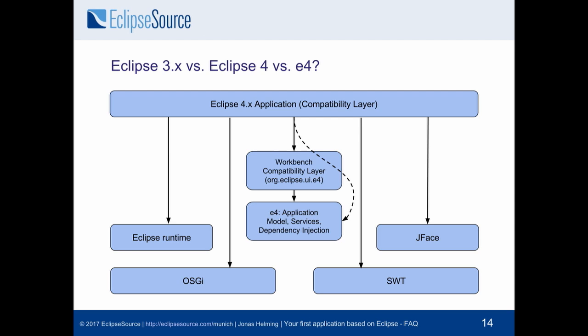And this layer provides the old API. What it actually does is, if you have an existing application which has used the 3.x API before, you can use this layer, and this layer will transfer all calls to the new API. That basically means you don't have to change something. It's like a legacy wrapper.